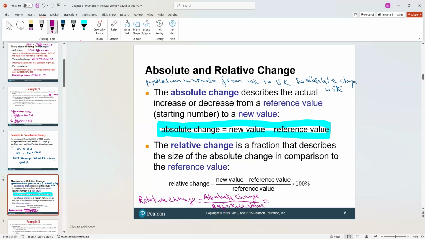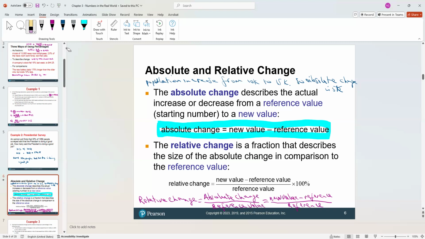Or, if you want, you know what absolute change is: new value minus reference value, over reference value. Okay, so that's the formula to find relative change.